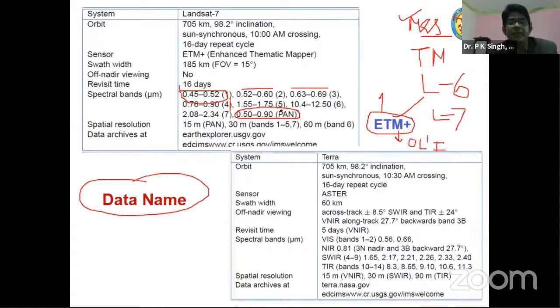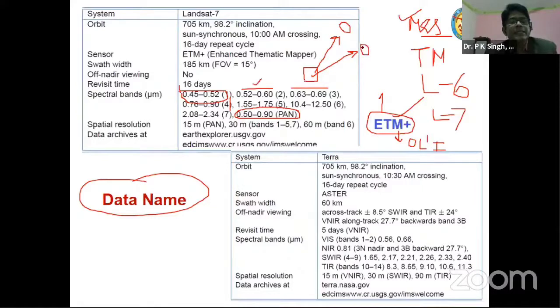Why is panchromatic band created? Because panchromatic band has higher spatial resolution. Why? As I explained earlier, you might recall, suppose this is the pixel size of your sensor. You are recording only for band 1, only blue waves, in one sensor. For the second band, you are recording from the same part of the Earth's surface only green colors.